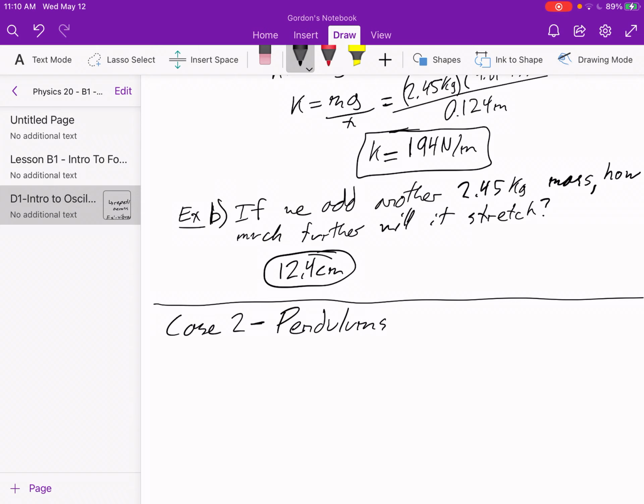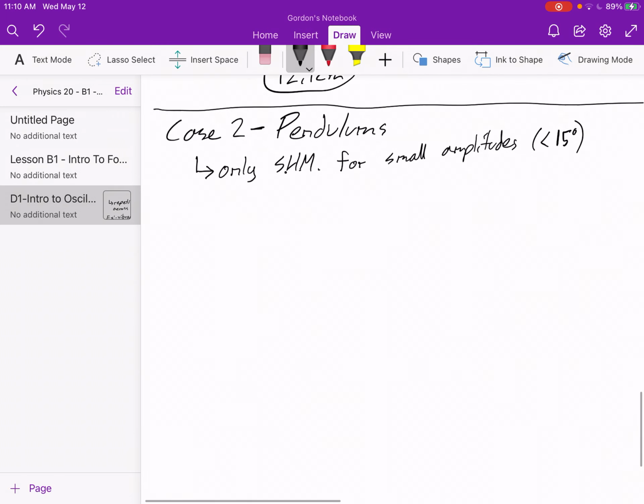So remember, a pendulum is another object that also demonstrates simple harmonic motion, but this is only simple harmonic motion, and you'll see that we use this abbreviation all the time, SHM, for small amplitudes. Say less than, some people say less than 10 degrees, less than 15 degrees is pretty good. And so I'll explain what I mean by this in a second here.